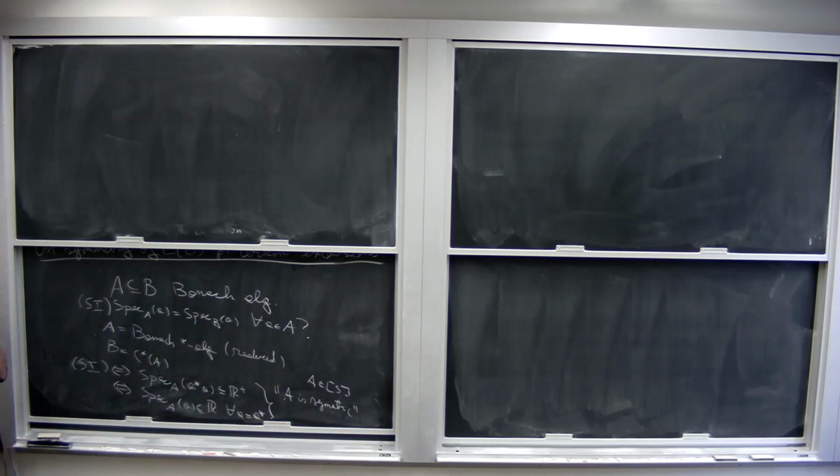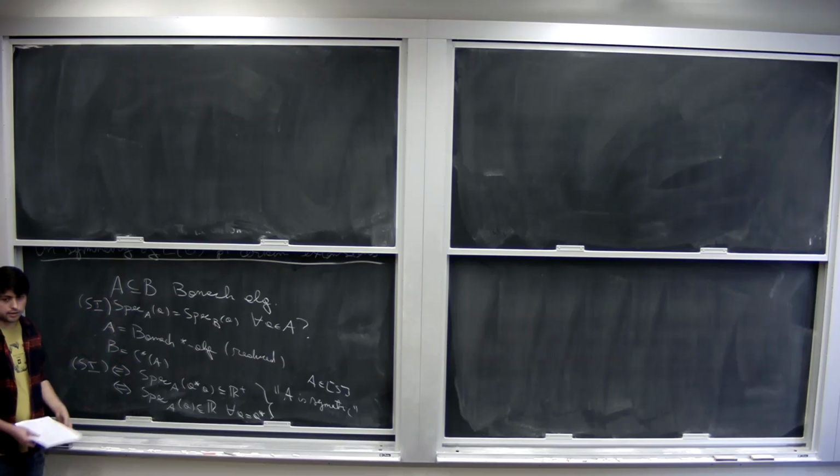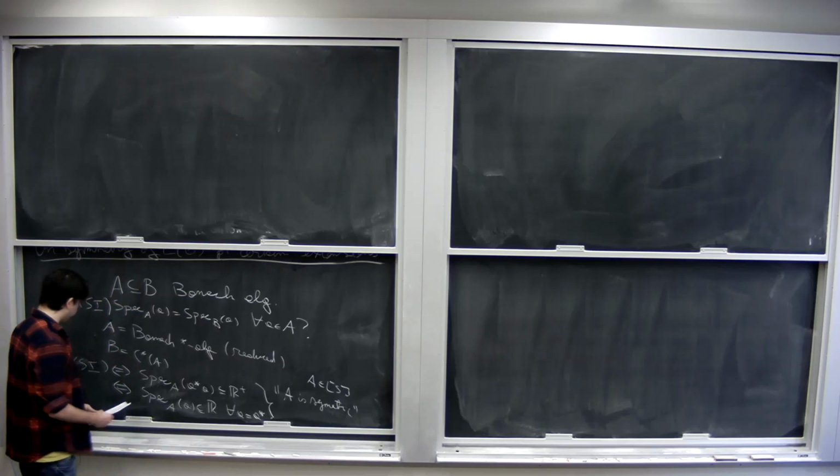Okay. And if you notice, this is a very nice condition because we're just asking for basic spectral properties, right? And then we get that the spectrum can actually be computed in a C-star algebra, where we can do all the spectral analysis we want, right?